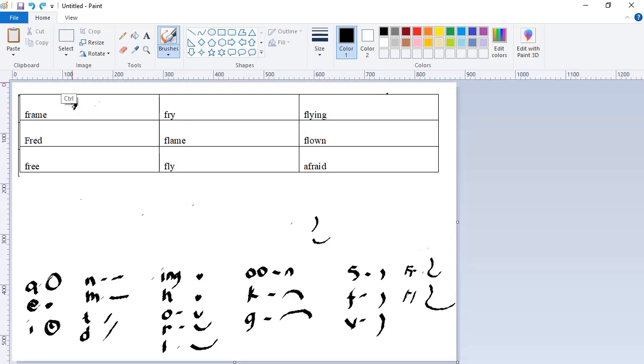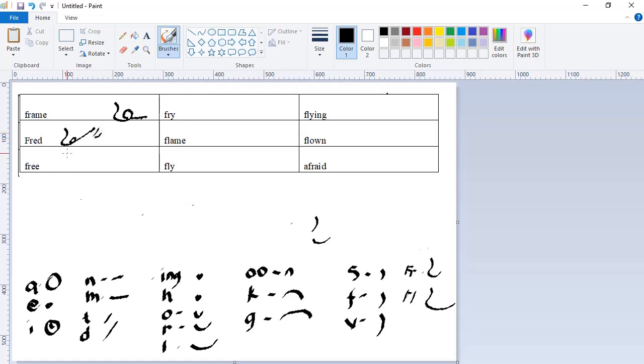F-R-A-M. Frame. Okay, next we have Fred. We have F-R-E-D. And then yung capital symbol.